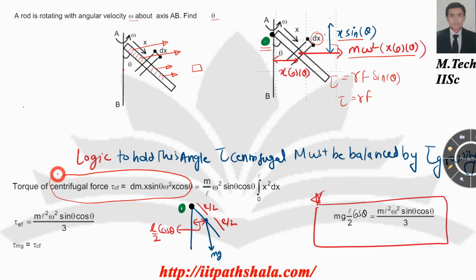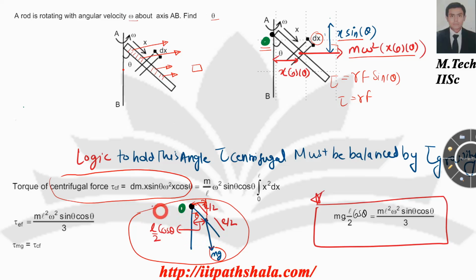Now to calculate the gravitational torque, the torque due to gravity, I can simply take this diagram over here. My gravitational center will be lying at L by 2 from the point O. So the torque due to this mg will be equal to mg times the distance between them, which is L by 2 cos theta, if this angle is theta over here.